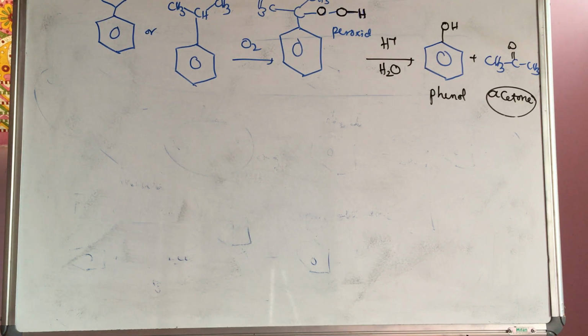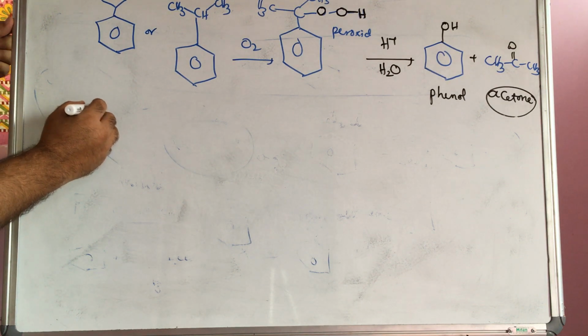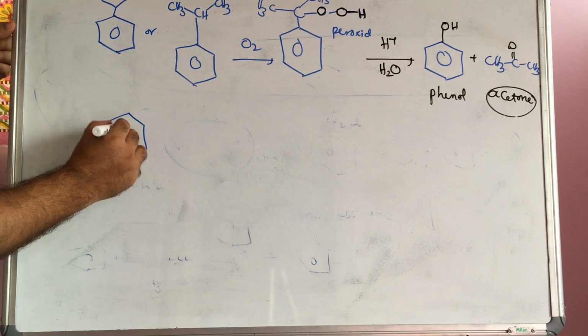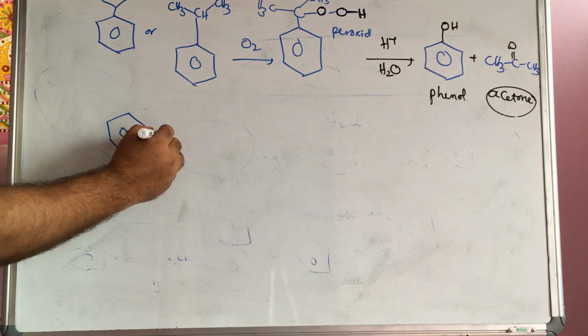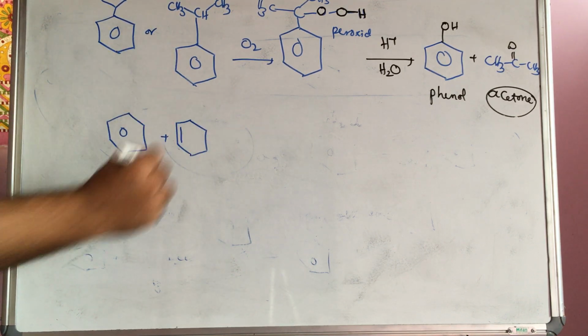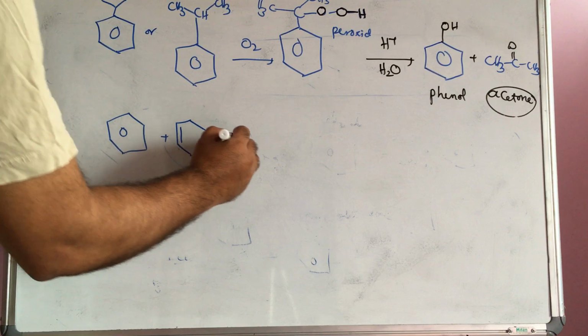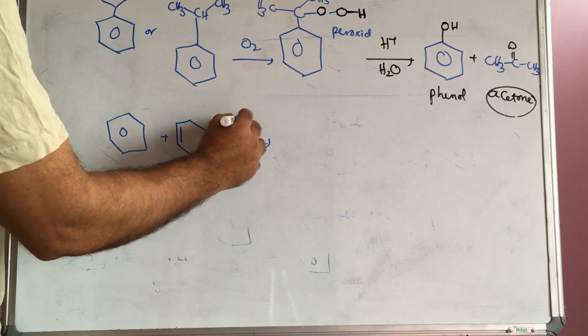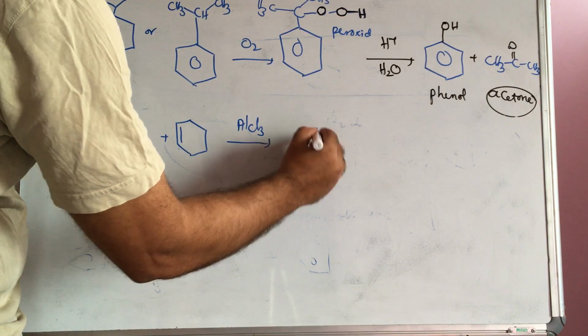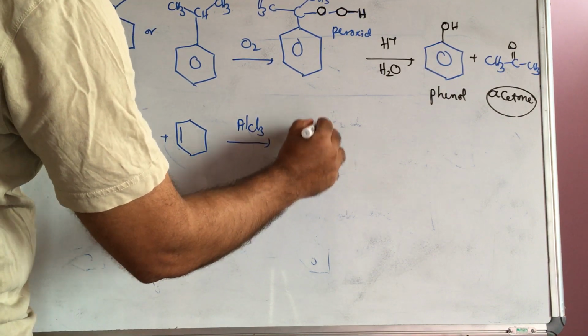One question was asked in 2016, I hope, not from this. Benzene is treated with cyclohexene in the presence of AlCl3, then it is formed like this.